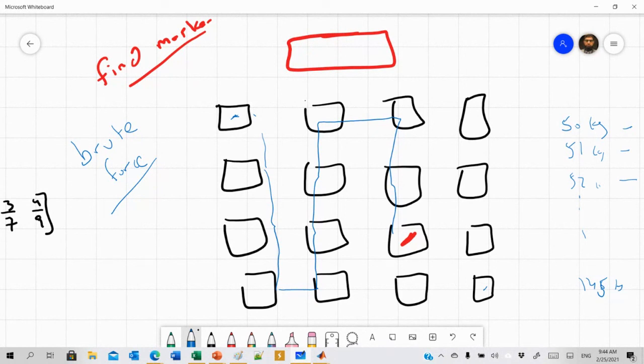Now, a better approach, of course, is that I try to recall to which student I went, and I only look for the marker for those students. So, for example, I might have gone to this student, and this student, and this student, and this student. So, instead of going to all the desks, I can just go to this student, then this student, then this student, and find the marker.